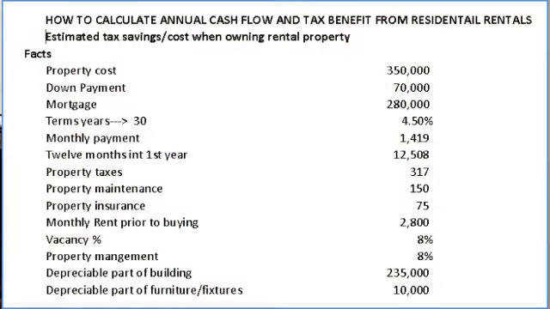On your screen you'll see an example of a scenario that I have showing a cost of $350,000 with $70,000 down. You'll see the rest of the facts in the example on the sheet. Please print that out so you can use it in your specific analysis on property that you may be buying or property that you currently hold.